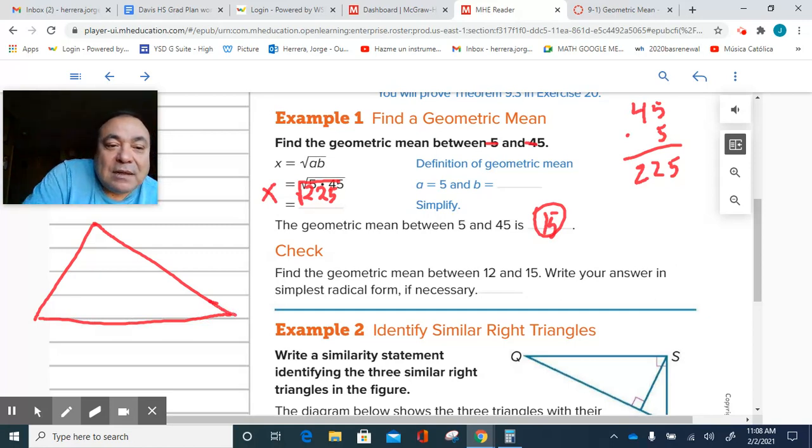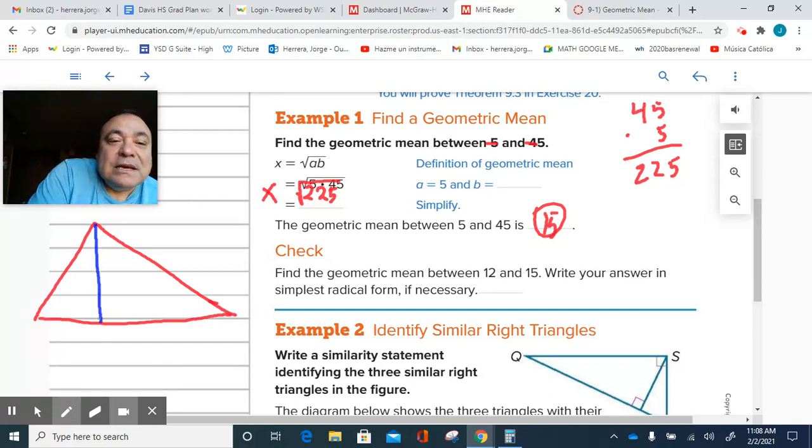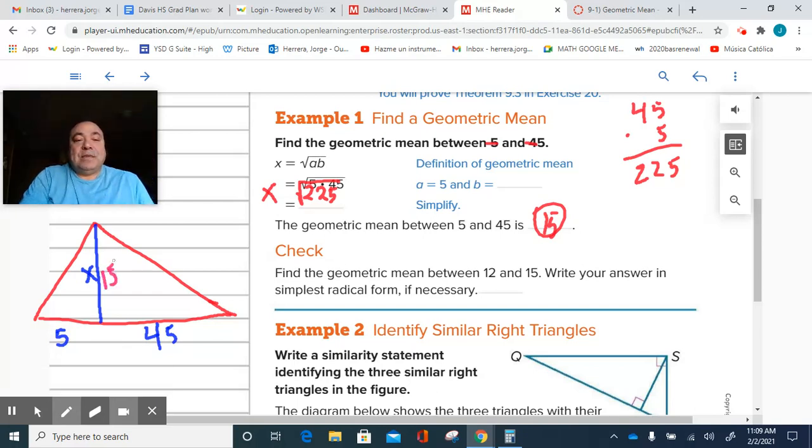This is 5 and this is 45. What is the geometric mean, and let's say this one was x. That's what the problem was saying. And we found out it was 15. So this height right there is 15. Okay, very simple. Okay, let's go to example 2.